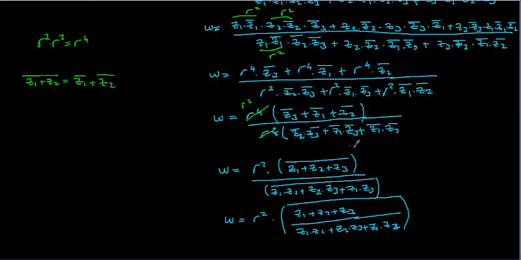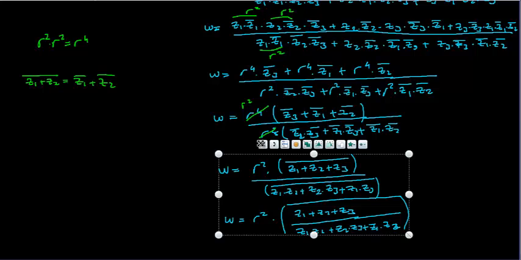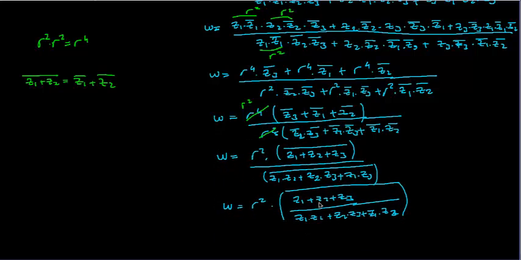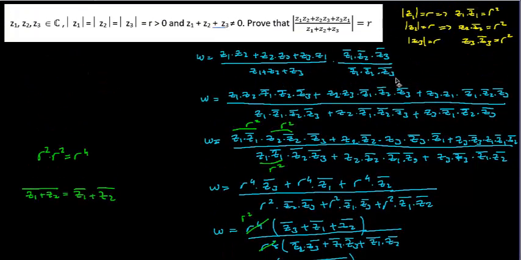Okay, now when I check this expression, I recognize that the last one here, and what I have written here, this expression and this expression, they are multiplicative inverse of each other.